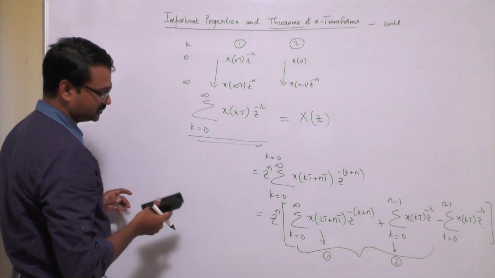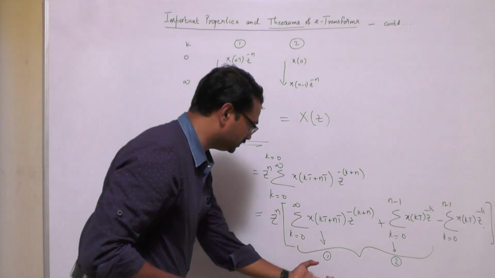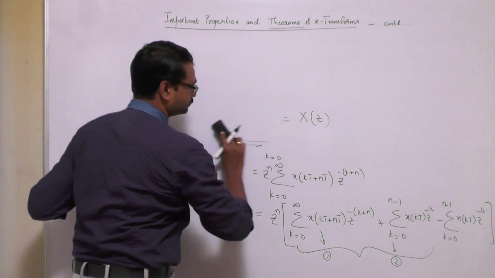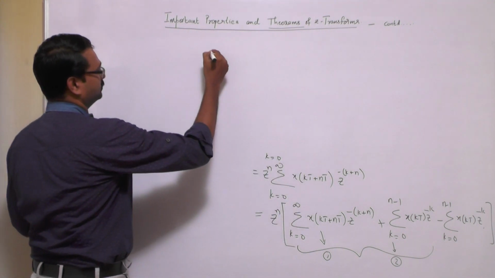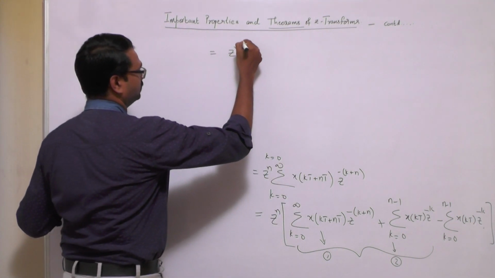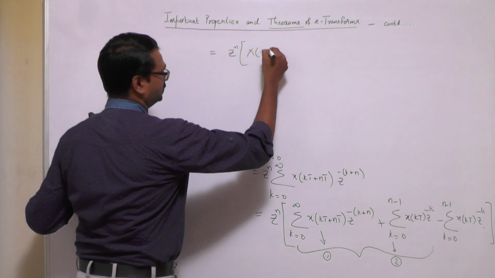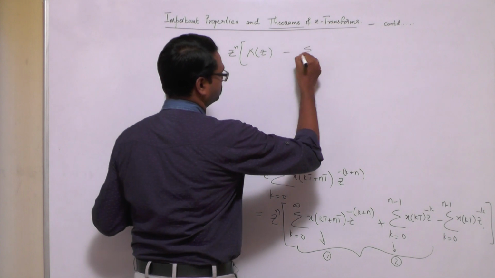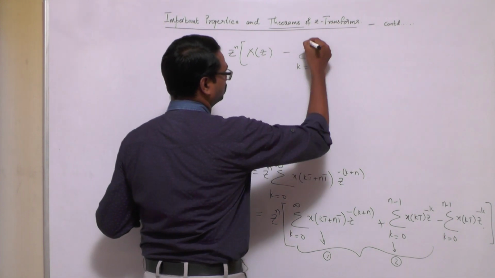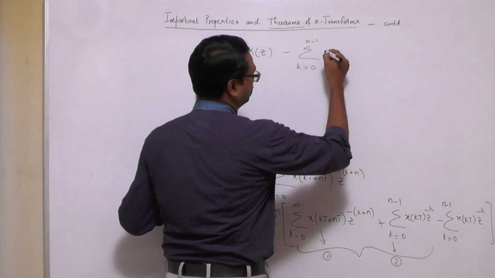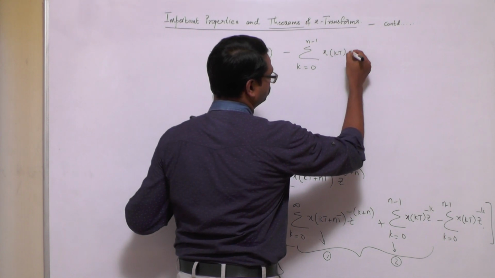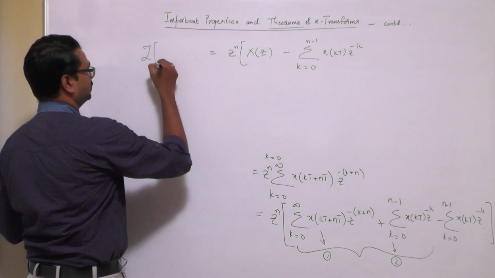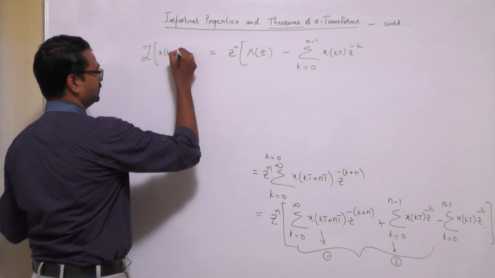Therefore after replacing this term in the braces, you can have z power n into x of z, and the last term minus sigma k is 0 to n minus 1 x of kt z power minus k. This is the z transform of x of t plus nt.